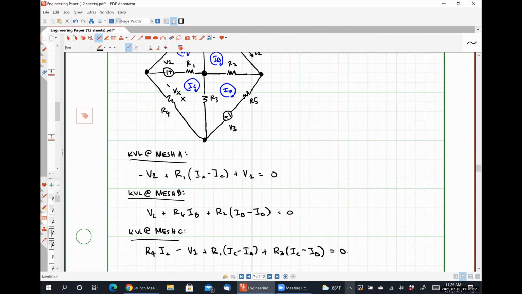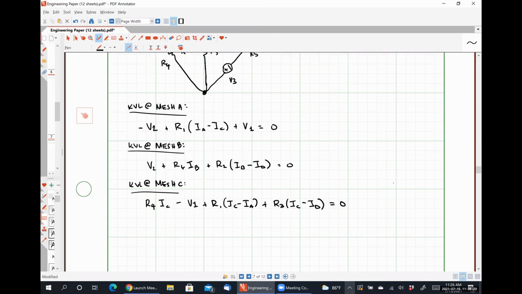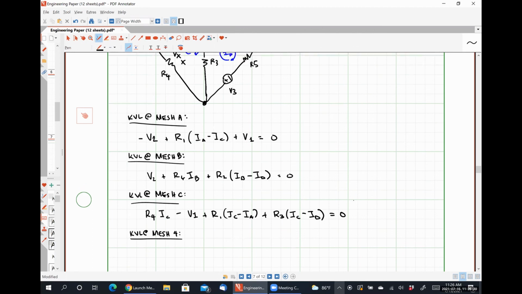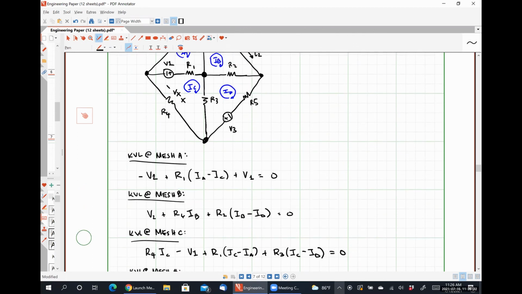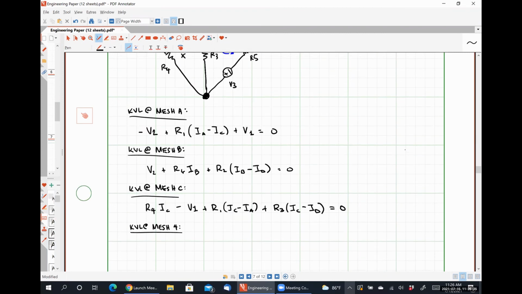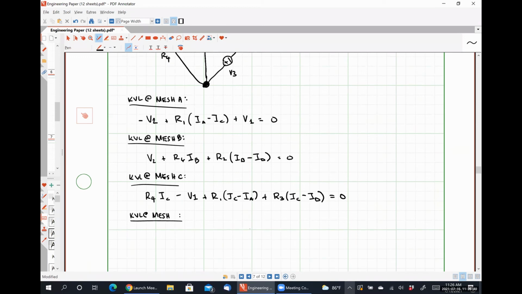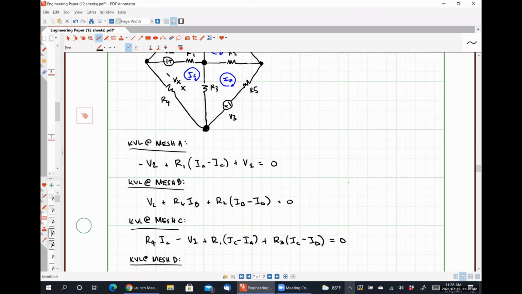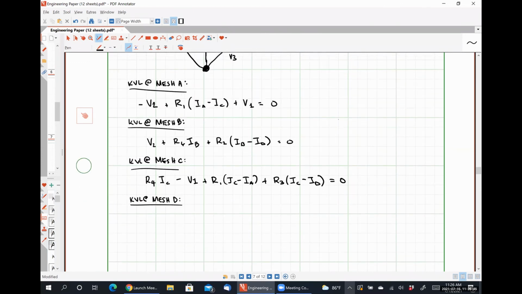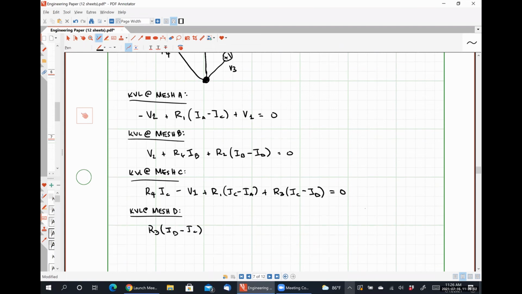No, sir. All right, finally, I will have my KVL at mesh 4, mesh D. I'm going to start at that same point. The first thing I see is R3, where R3 will have a total current of ID minus IC flowing through it.